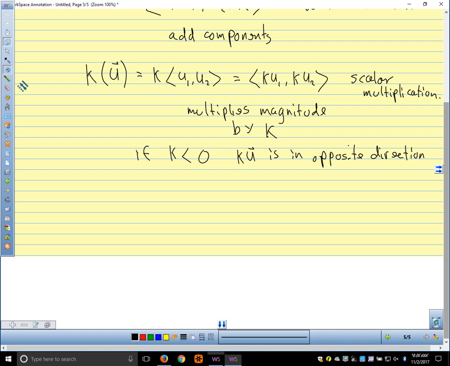So if we had, I'll draw just a visual here, if that's vector u, then negative u is going to be a vector exactly the same length, but just in the opposite direction. So putting a negative in front just changes the direction.